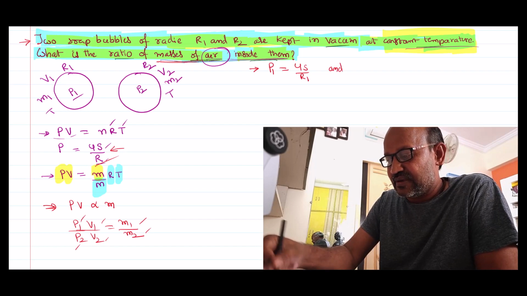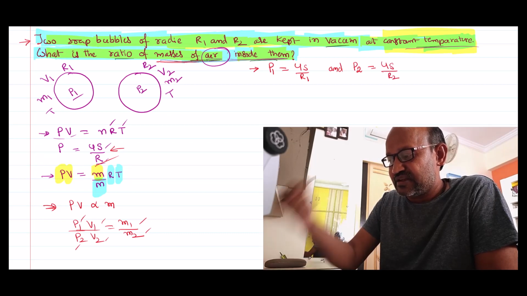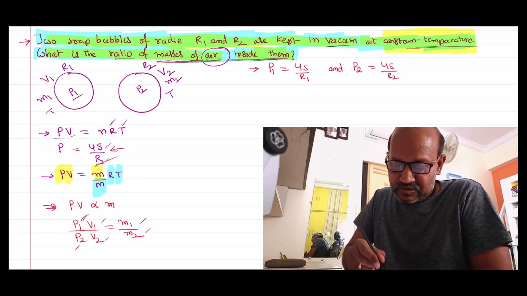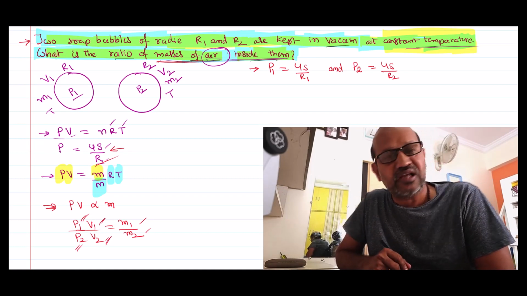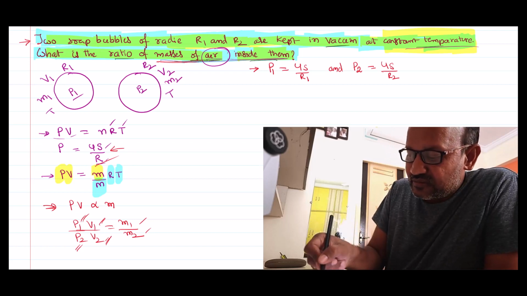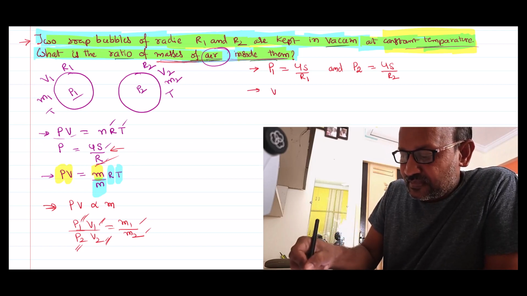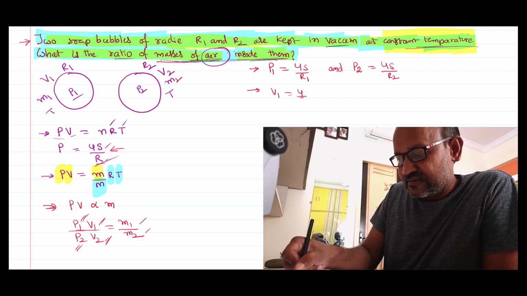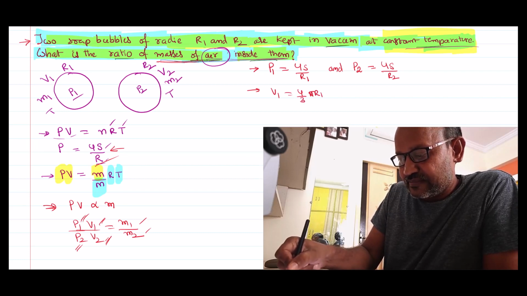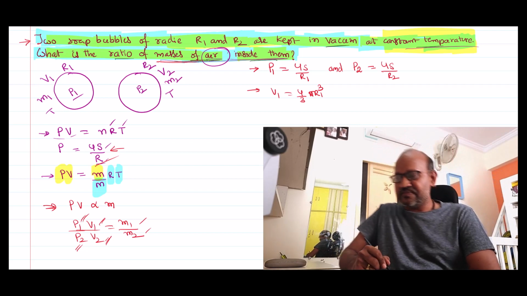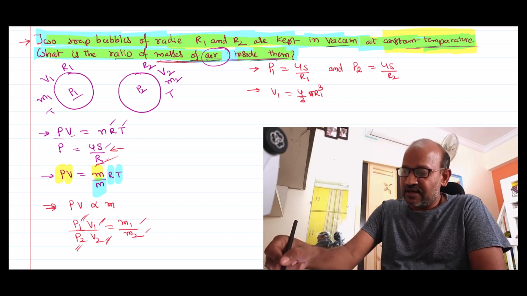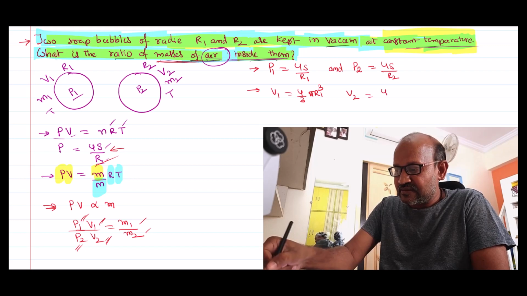For the second bubble, the excess pressure P2 is 4 times the same surface tension, because it is the same air, but the radius is different, R2. So we already have P1 and P2. Because these bubbles are spherical, V1 is 4 by 3 pi R1 cube, where R1 is the radius of the first one, and V2 is 4 by 3 pi R2 cube.